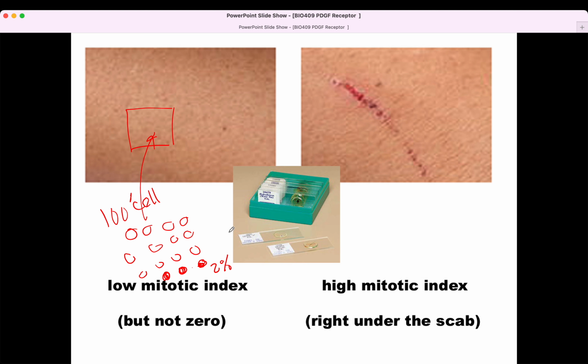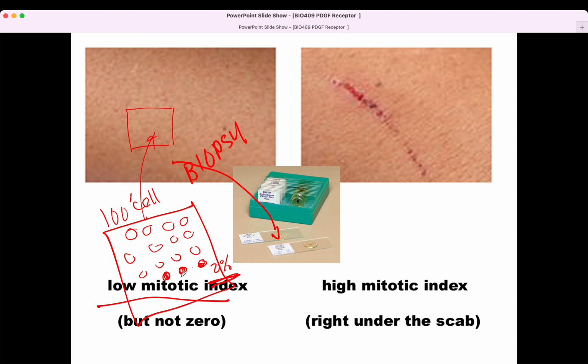So anytime a patient comes in with a lump or a bump or an odd mole, and the doctor takes a biopsy of that tissue, they will take some of the cells and prep them on a microscope slide, and a pathologist in the clinic lab will count 100 cells and determine the mitotic index, the percentage of cells that are in mitosis. And that's why I've been saying 100 cells, just to make the math easy, right? So if it's 100 cells, the mitotic index would be 2.